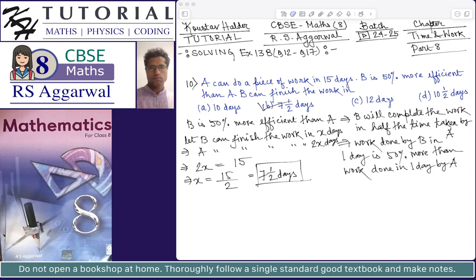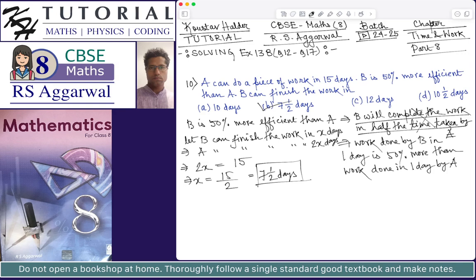The mistake I did was the wrong interpretation of the fact that B is 50% more efficient than A. I interpreted this to be that B will complete the work in half the time taken by A. This is wrong, this is incorrect.